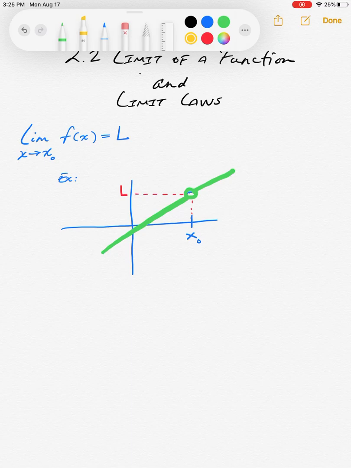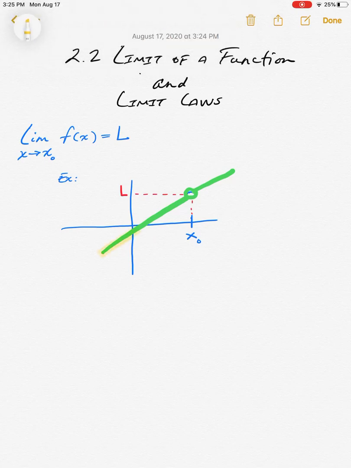So let's look at what happens as we approach x naught on this graph from the left. It's getting to L. What happens if it approaches x naught from the right? Again, it's going to L.